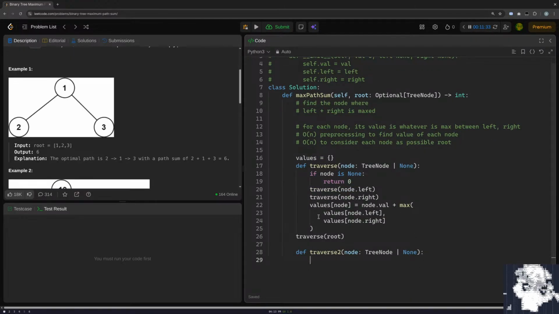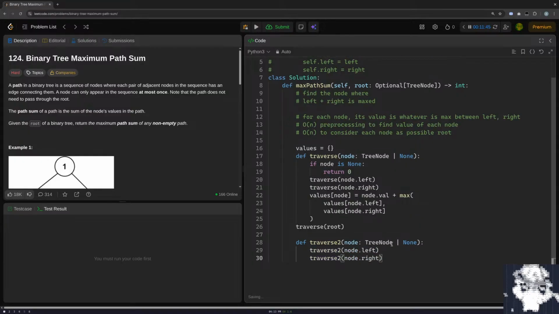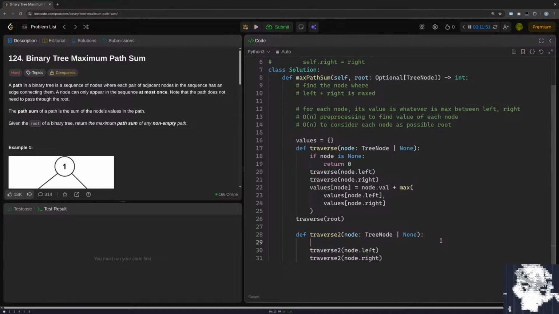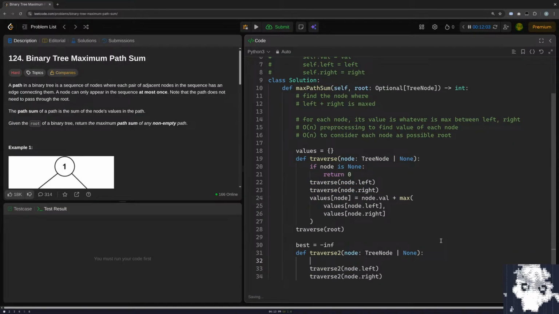Traverse2 node.left, traverse2 node.right. Here the order doesn't matter, so let's just do a reorder. Here, best equals negative infinity, from math import infinity. Best equals max of values. You know what? This one doesn't even need to be a node.